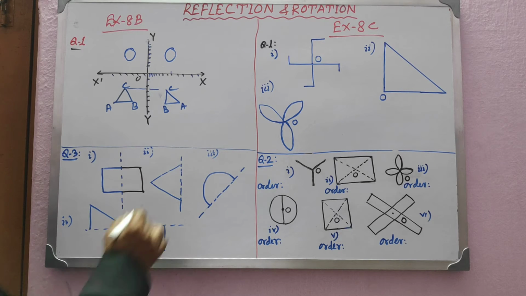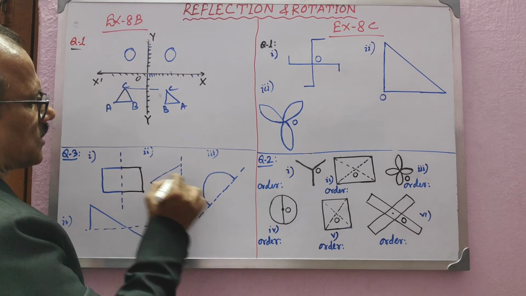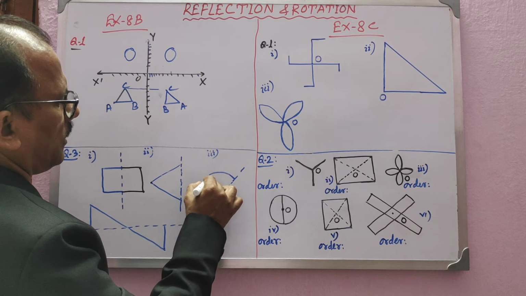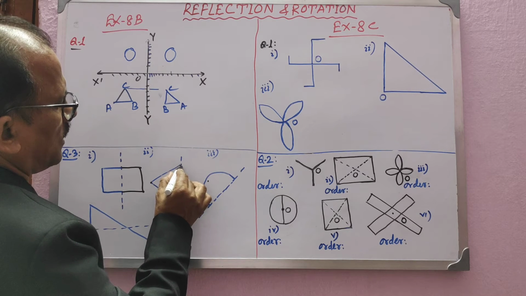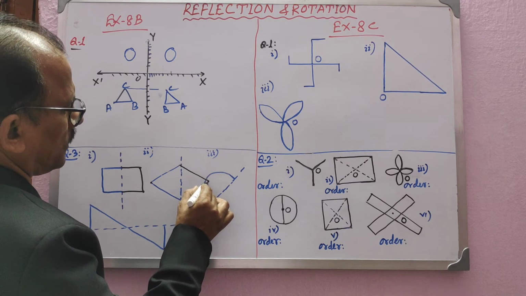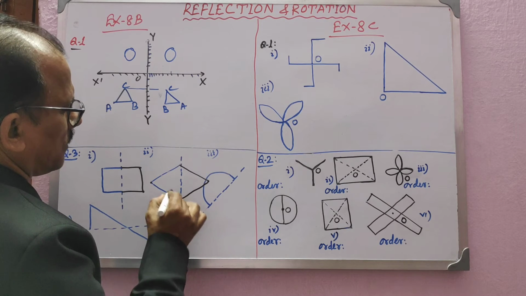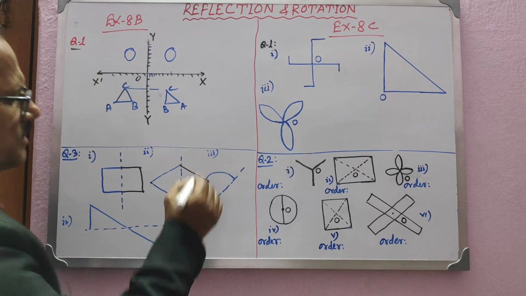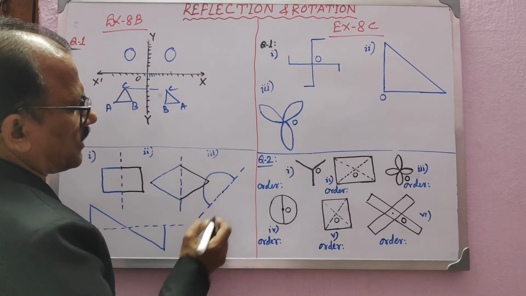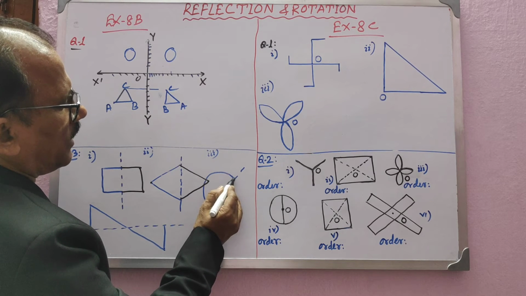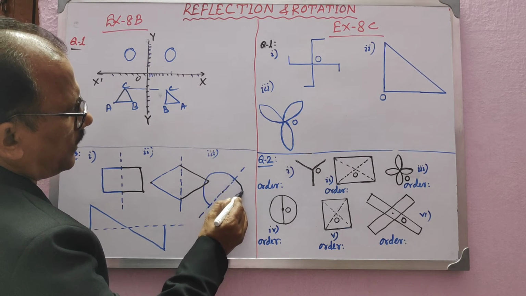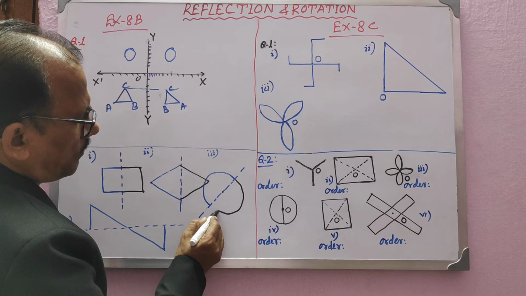Could you understand? Now this one also, this particular vertex has to be exactly opposite to it. So if you just draw a line with the axis, you will find this is the figure. This is a semicircle. This is the center of the semicircle. Definitely it will be completing the semicircle to the other part.